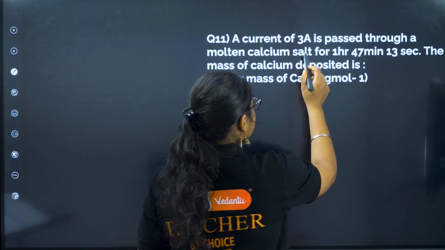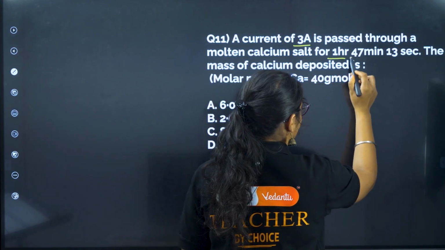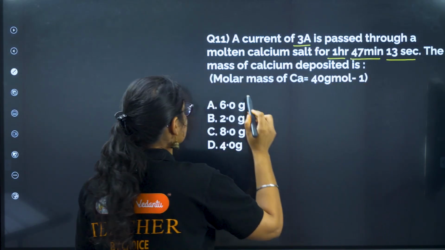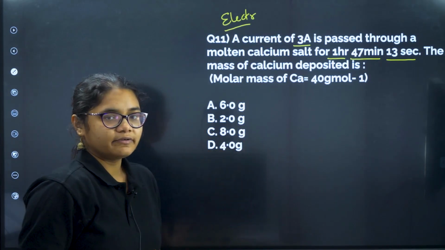A current of 3 ampere is passed through a molten calcium salt for 1 hour 47 minutes and 13 seconds. This question is also from electrochemistry, on Faraday's law, a very simple question.